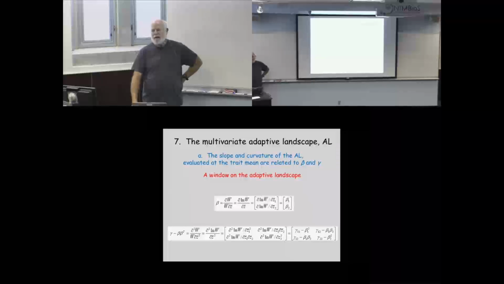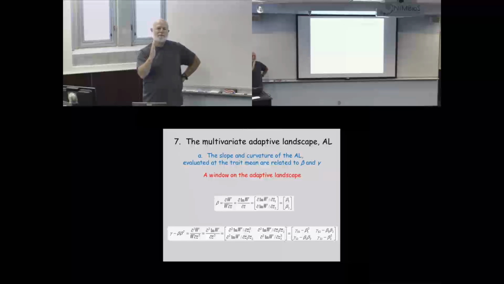Just as before, our coefficients, beta and gamma, provide a little window on the adaptive landscape. They tell us what the first derivative and the second derivative are at the trait mean. Now, I have colleagues in the literature who've criticized the whole program here, saying, well, the adaptive landscape is this incredible conceptual thing that nobody can ever estimate or see or anything.